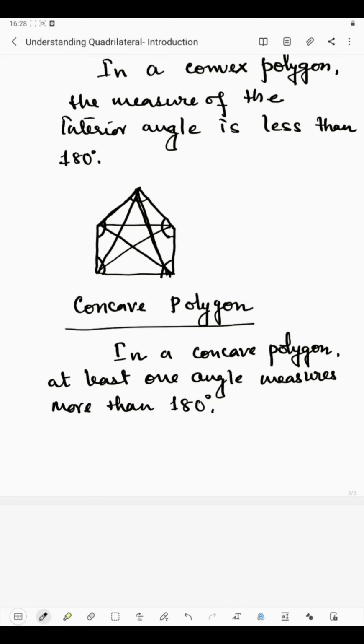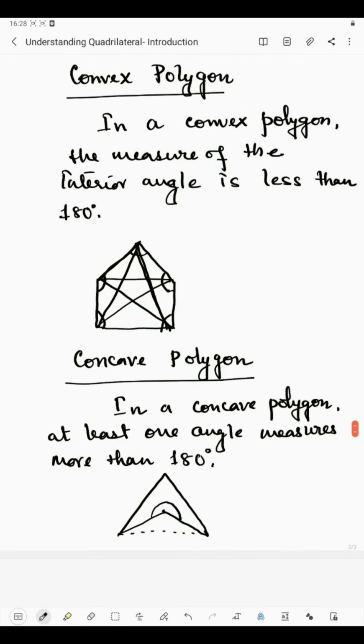Let's draw the figure. This is the shape of a concave polygon in which one angle is more than 180 degrees. That means a reflex angle. And here a diagonal is formed in the exterior portion. So this was all about convex polygon and concave polygon.